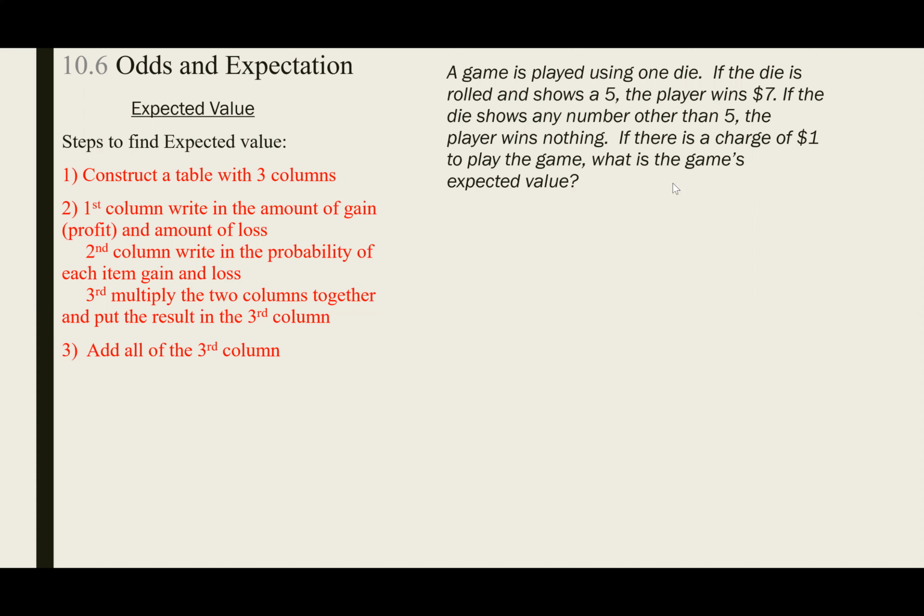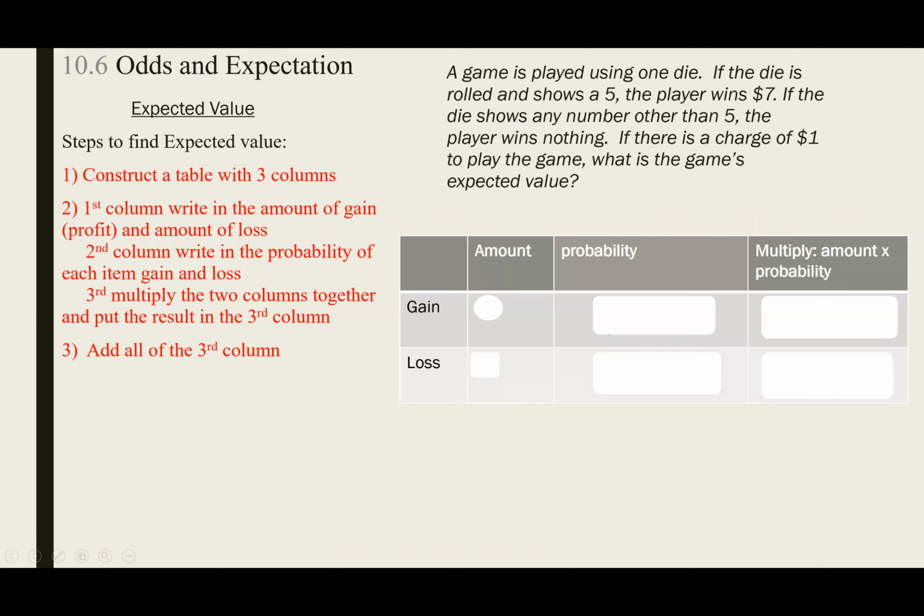What is the game's expected value? So when they say you win $7 here, what is your gain, right? When you see that they ask you for expected value, what you need is the amount, what is your gain, and the probability of your gain.